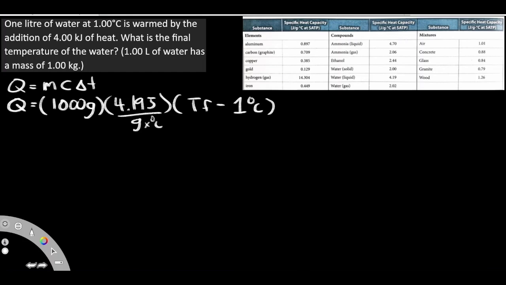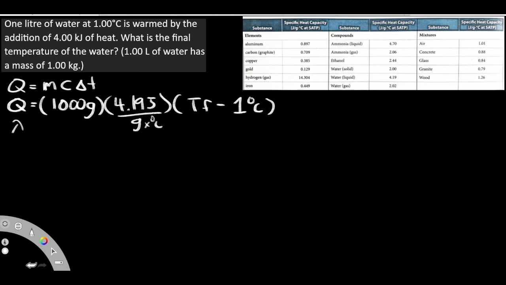How much heat got added in? Well, it says 4 kilojoules. That is going to give us a problem because if we have kilojoules over here, we look at our chart in order to cancel out our units properly, we're going to be running into joules. So rather than keeping it at kilojoules, we'll just change it right away to joules. So instead of 4 kilojoules, we'll have it at 4,000 joules.